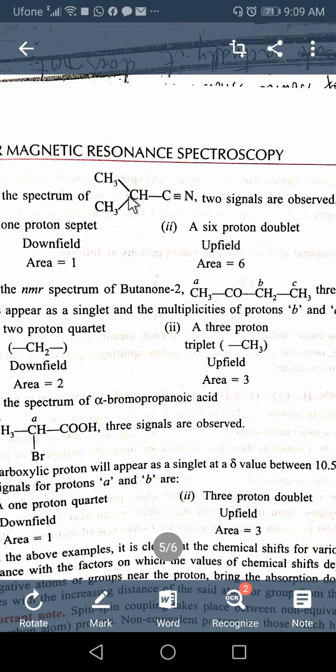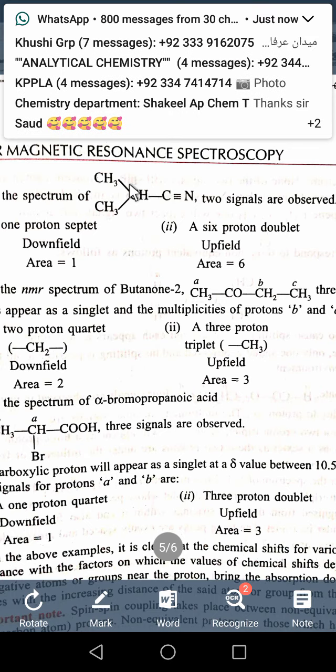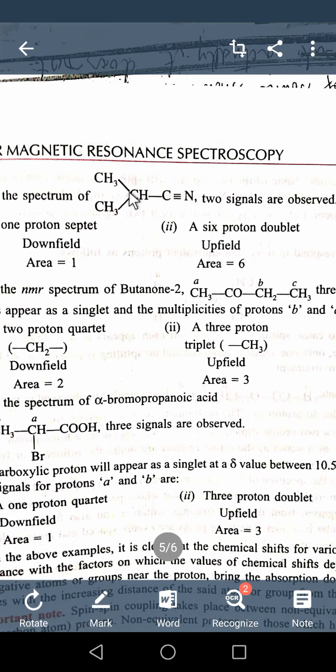The peak of this CH proton will split into how many? n is equal to 6, n plus 1, 6 plus 1. So it will be a septet. Septet will be the number of peaks in the CH signal.